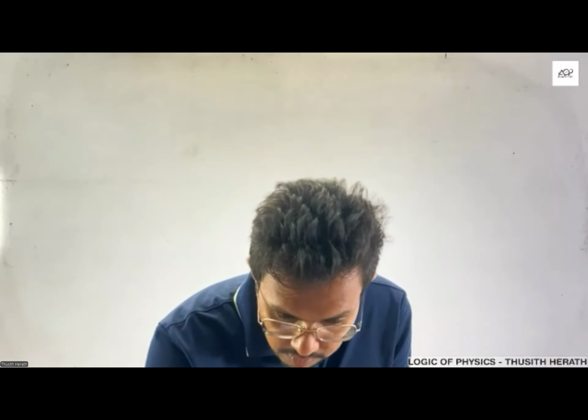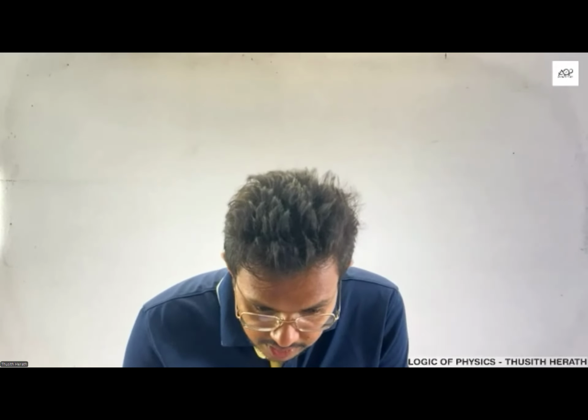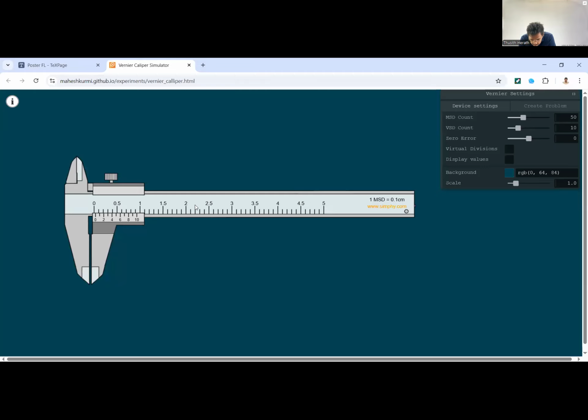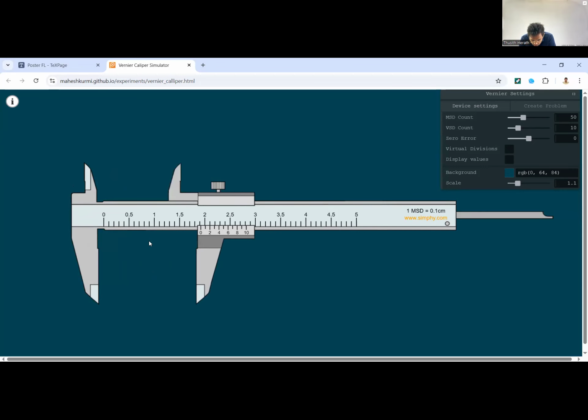Let me share my screen. Give me a second. Okay. Here's the simulation of the Vernier caliper. Here you can see, you can move this part along the main scale.